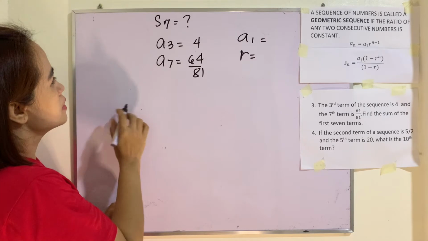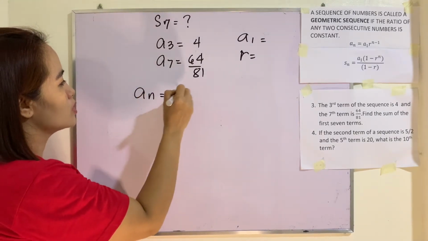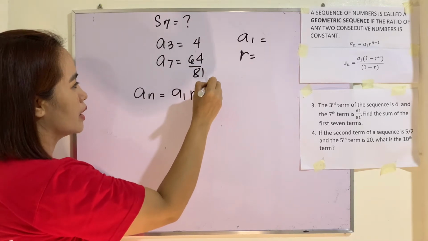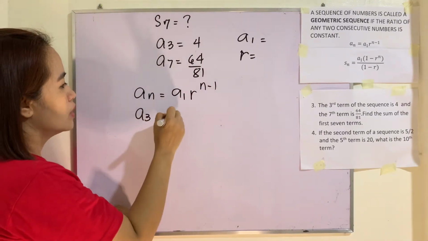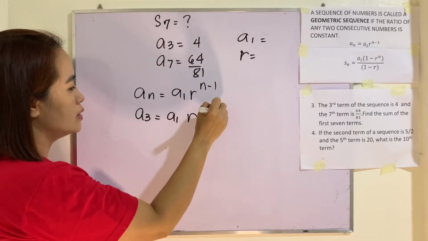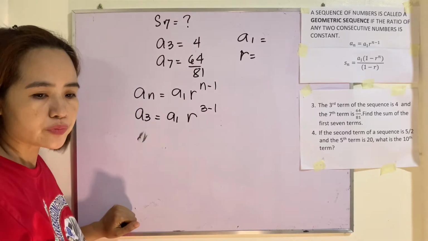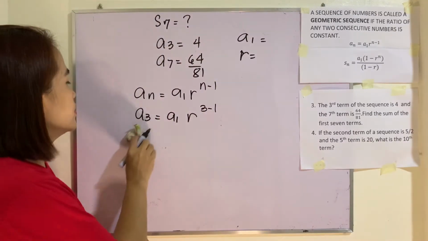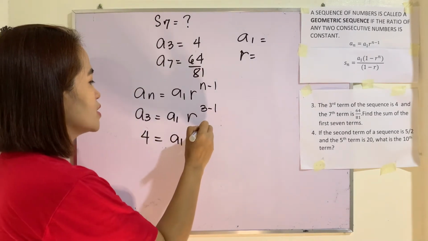Okay, let's do it. So, based on the given, we have A sub n is equal to A sub 1 R raised to n minus 1. So, we have A sub 3 equals A sub 1 R raised to 3 minus 1. A sub 3 is of course 4. So 4 equals A sub 1 R raised to 2.